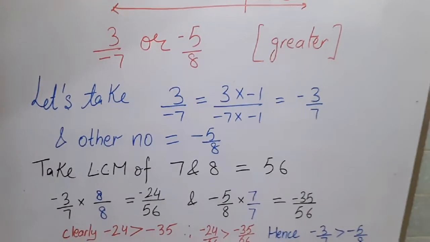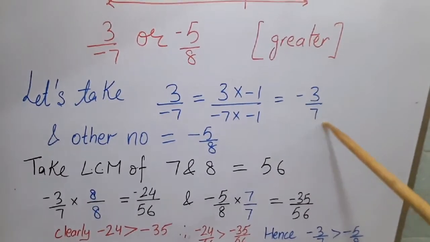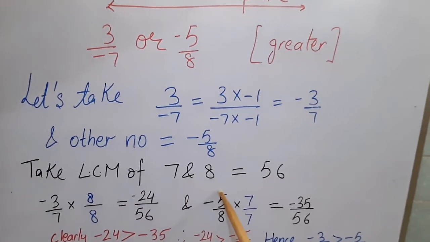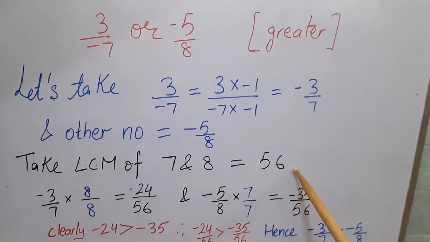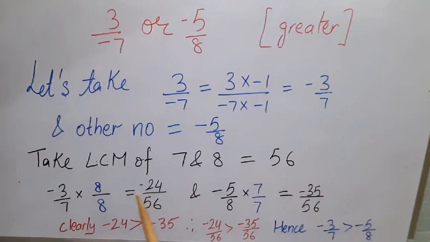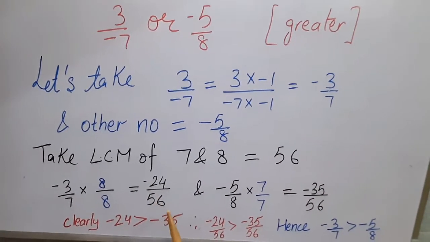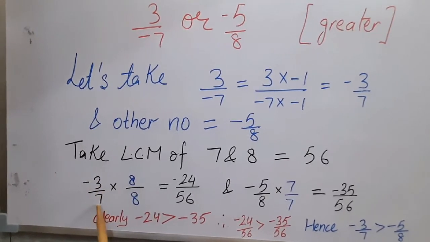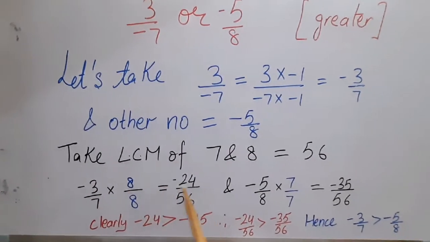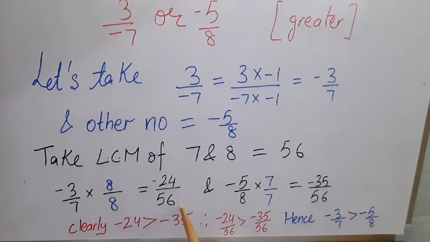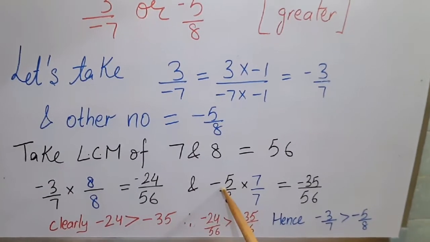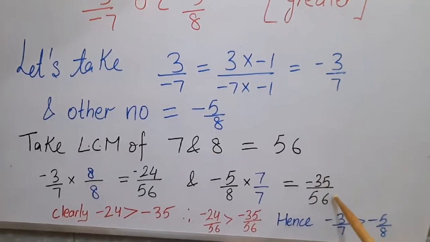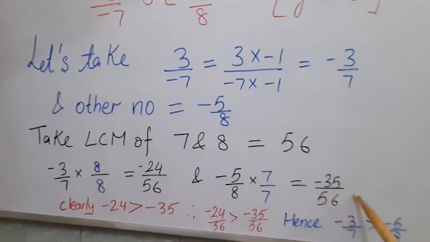Now take the LCM of both denominators. LCM of 7 and 8 is equal to 56. Now I have to make them equivalent fractions. So we multiply minus 3 by 7 with 8, which gives you minus 24 by 56, and minus 5 by 8 with 7, which gives you minus 35 by 56.